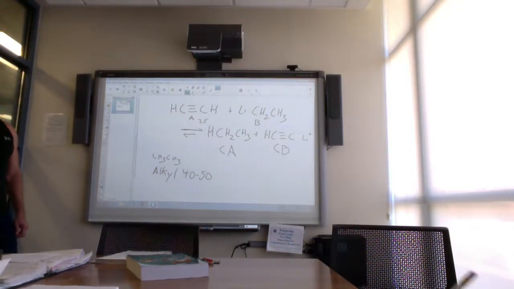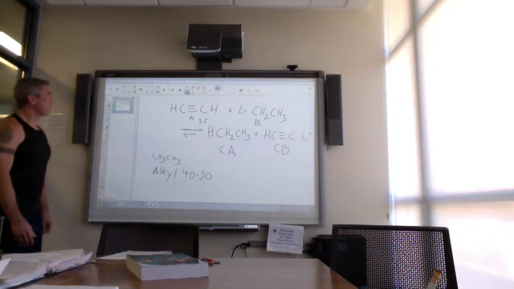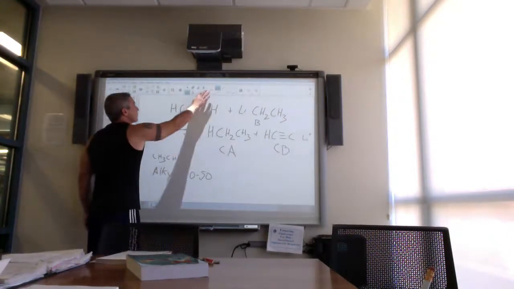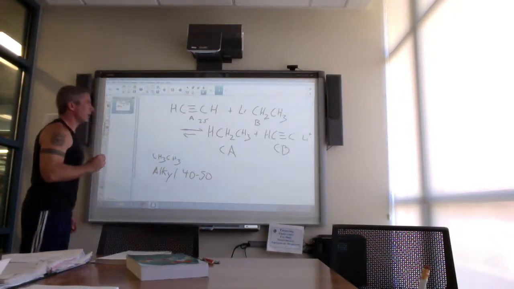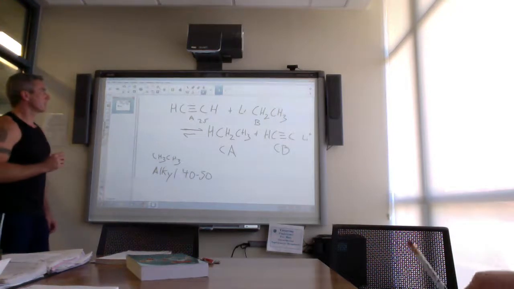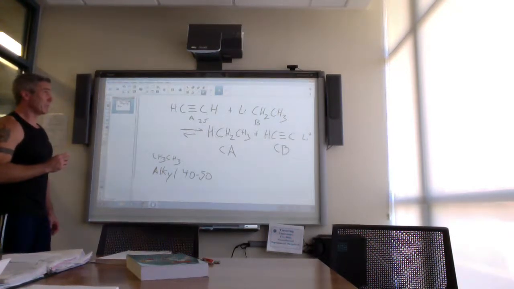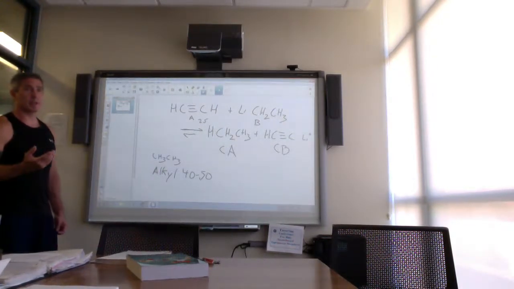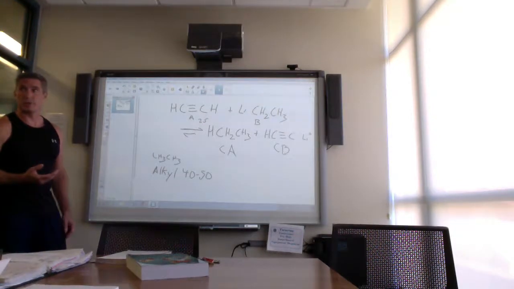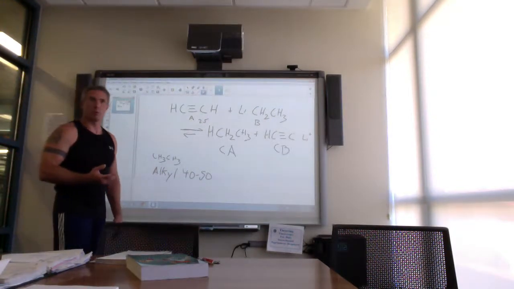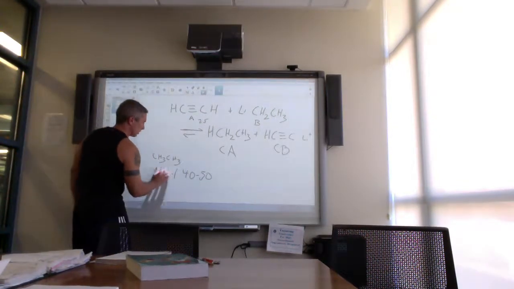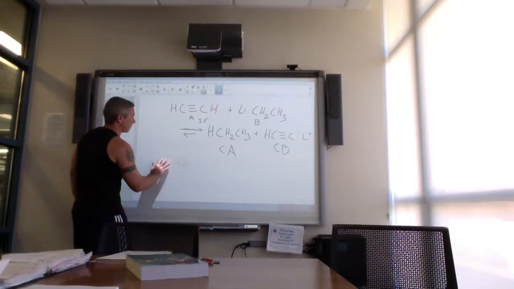Alright. So far, you've now seen a protonated amine, an alkyne, alkyl hydrogens. Alkenyl hydrogens are the same thing, you just have a double bond in there somewhere. CH2, CH2. Alcohols.